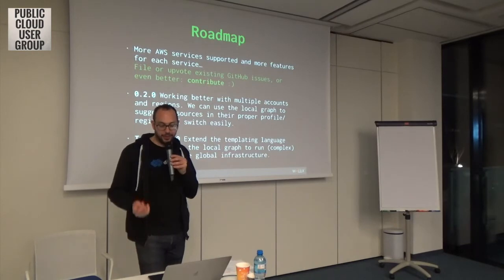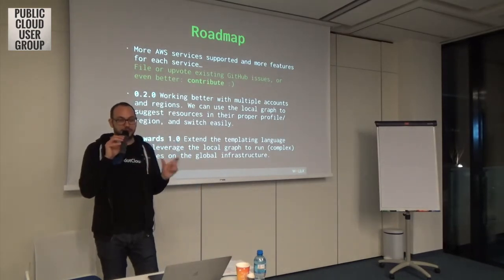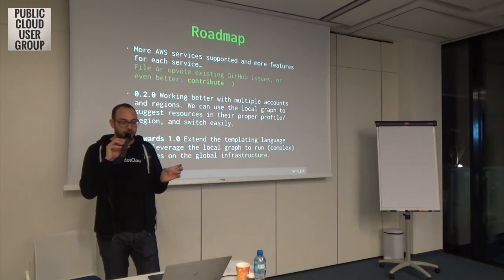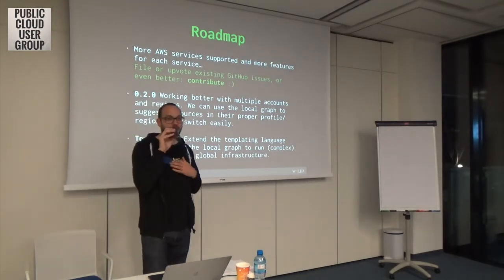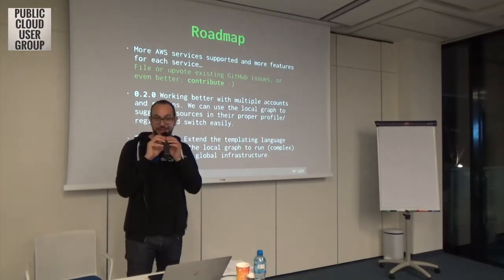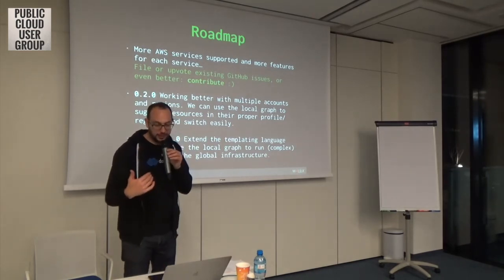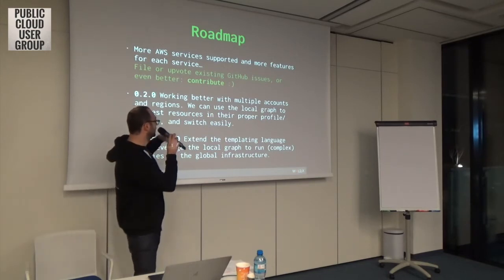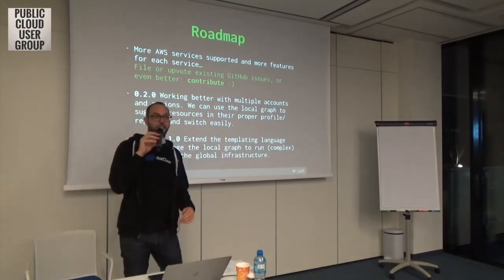Then our main work after that will be to extend the templating language to have, let's say, Turing completeness, so something like for loops and tests, basically. So that's about it. Our core priority in our team is multiple accounts, regions, and the templating language.